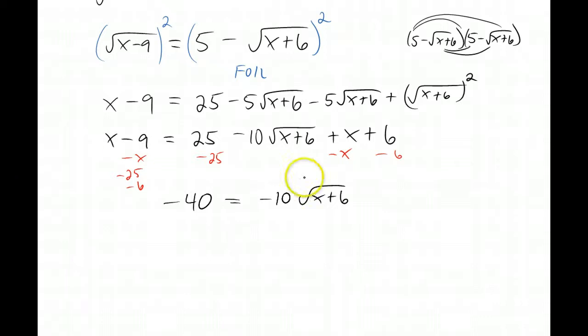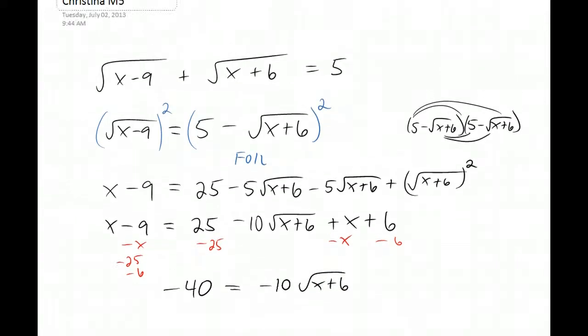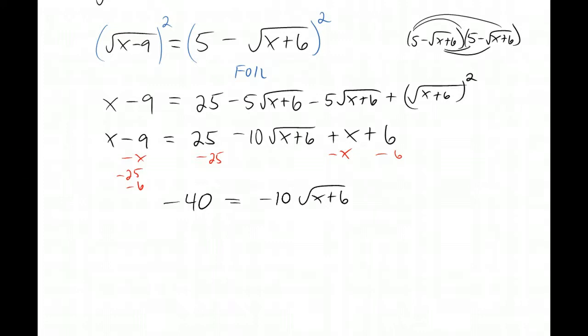Now, no matter what happens in this step in the equation, you're going to be left with a square root in the problem. The reason is because you started with two square roots, you squared both sides of the equation to get rid of one of them, but you're still left with this other one. So your goal at this point is always going to be to get this other square root by itself.